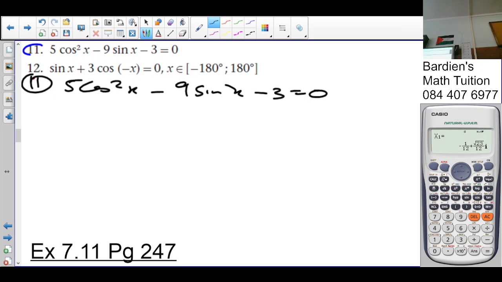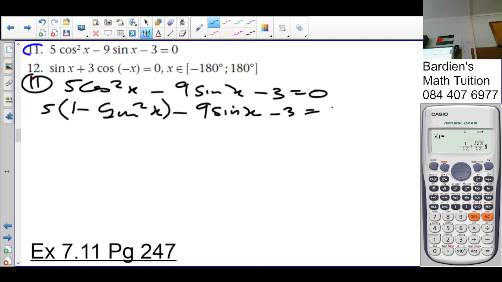Right, read for me what you wrote there. 5 open bracket, 1 minus sin squared x close bracket plus 9. Minus 9. Why did I say plus? I don't know. Did you write a plus? Yes. Okay, so you know where your mistake is.